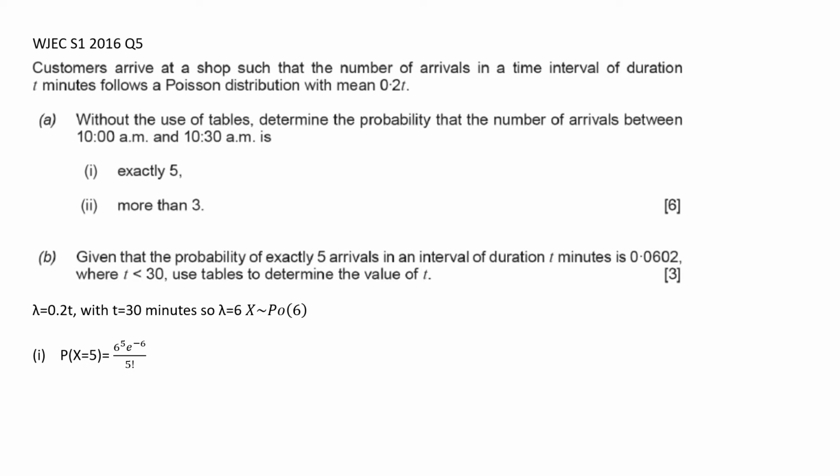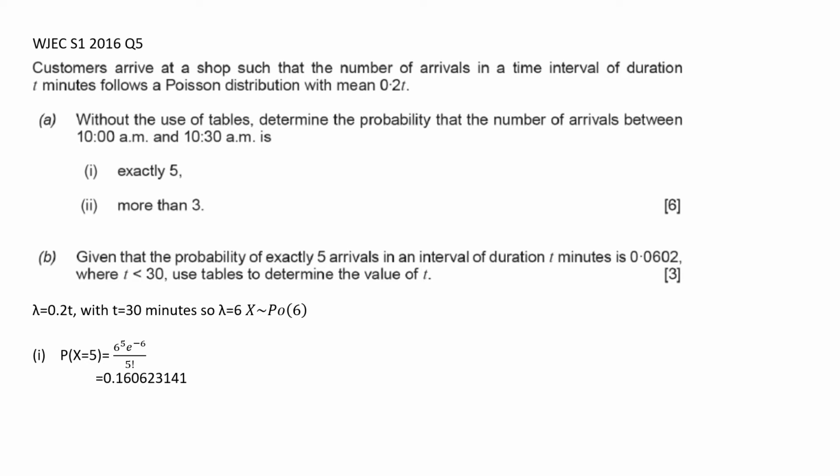So whilst it's not necessary to state that the probability x equals some constant is equal to e to the minus lambda, lambda to the constant, over the constant factorial, it is worthwhile showing that you understand exactly what it is. So with lambda equal to 6, the probability x equals 5 will be 6 to the 5 e to the minus 6 over 5 factorial. And that's a straightforward calculator piece of work.